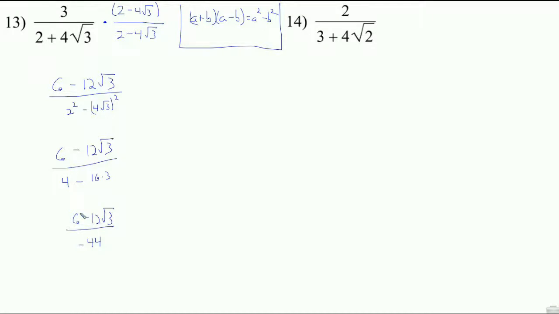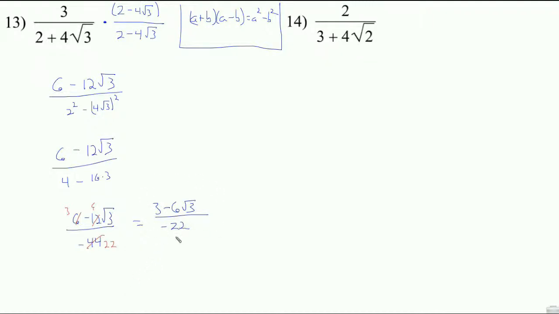So we'll take 6 divided by 2 is 3, 12 divided by 2 is 6, and 44 divided by 2 is 22. So we reduced everything by 2, and so our answer, once we do that, is 3 minus 6 root 3 over negative 22.